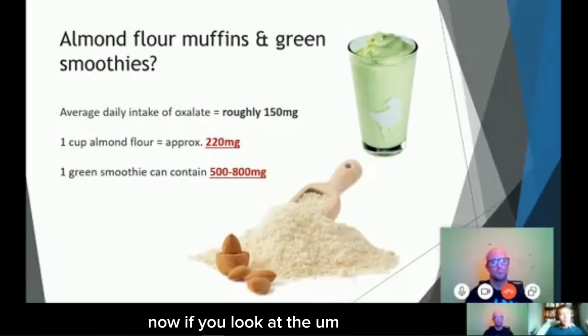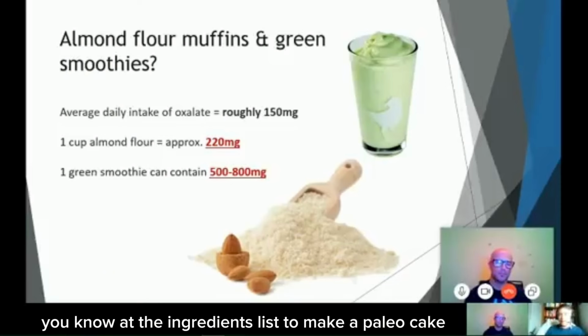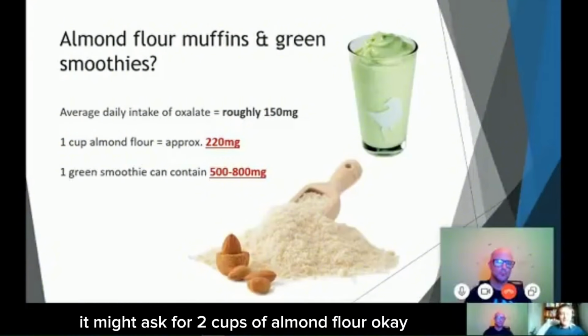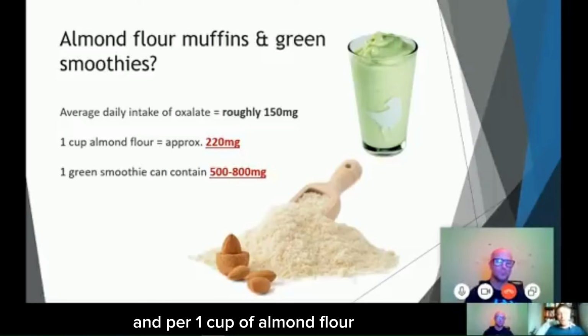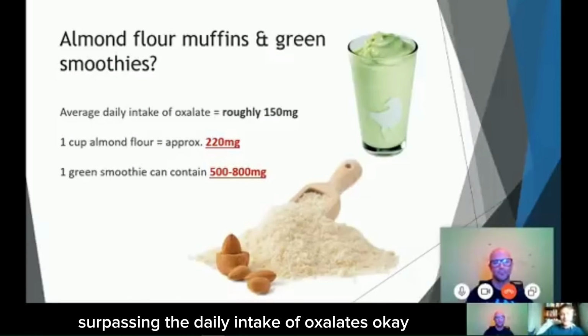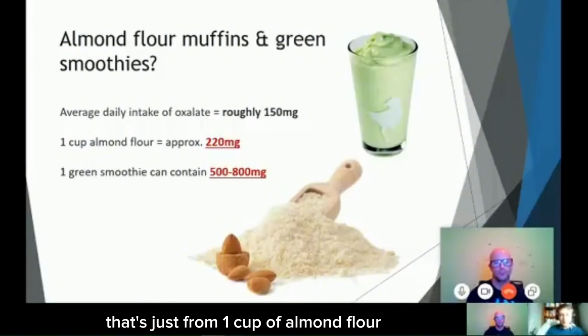If you look at the ingredients list to make a paleo cake, it might ask for 2 cups of almond flour. And per 1 cup of almond flour, you're potentially getting 220 milligrams. So you're already surpassing the daily intake of oxalates, just from 1 cup of almond flour.